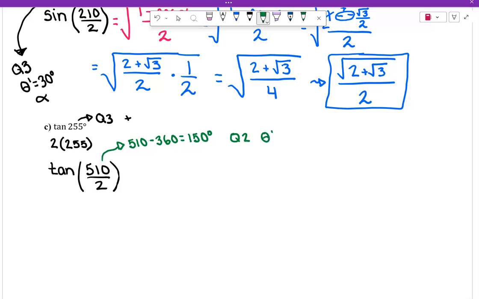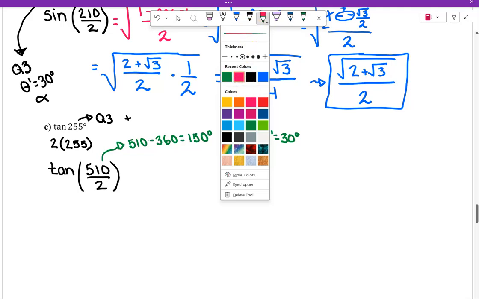And the reference, so that is 30 degrees back from 180, is 30. Okay, so you can look at this a couple different ways. You can look at everything that we just did and leave alpha as 510 because technically it's 510. However, what I also need you to know is that we're technically finding the sine of 150 because these are coterminal angles. So I'm going to go write the formula first.